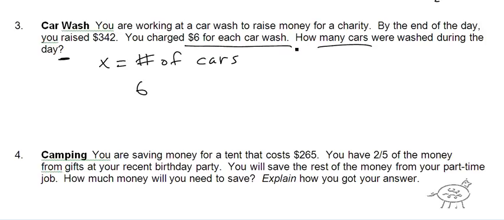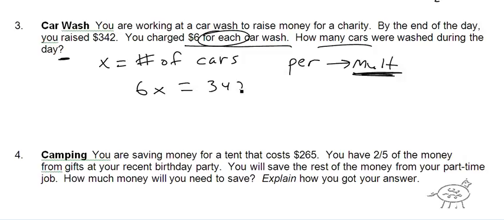You charge $6 for each car wash, and you can say that another way, $6 per car wash. If you see the word per or for each, that's multiplication. That's important. So 6 times x, 6 times the number of cars you washed, equals $342.